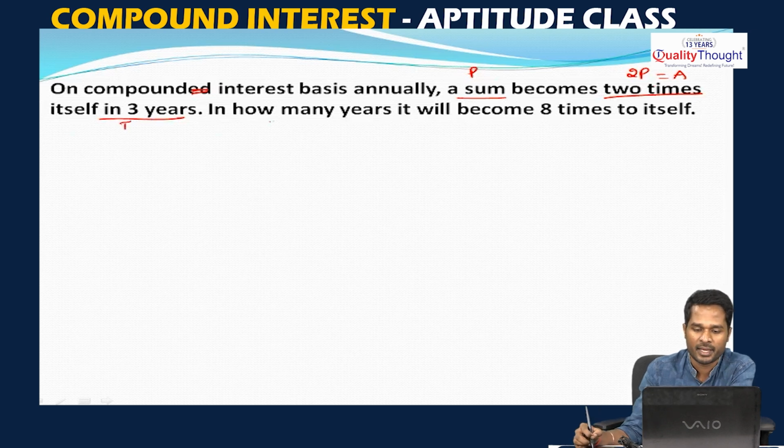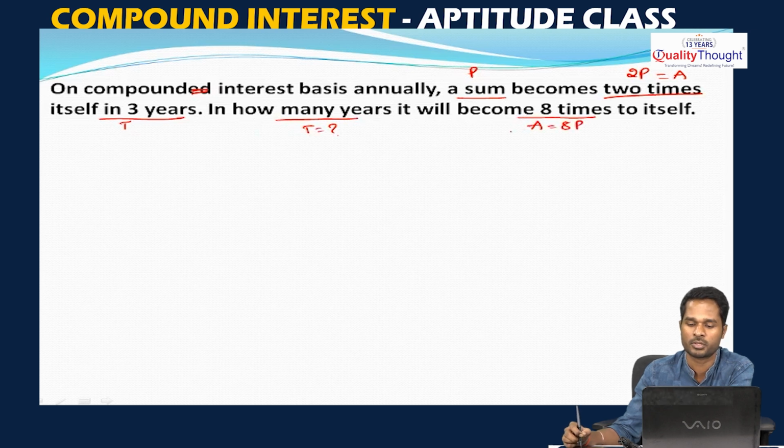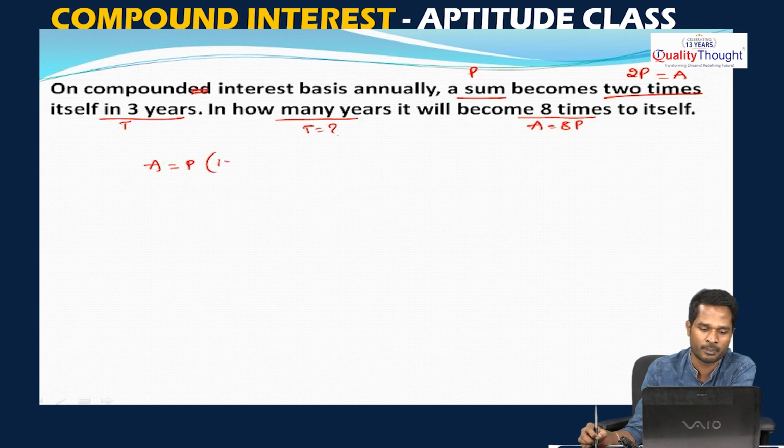Now, the question is in how many years it will become 8 times, that means the A value will become 8 times the principal amount. The total amount will be principal amount into 1 plus R by 100 whole power T. This is the formula we will use.